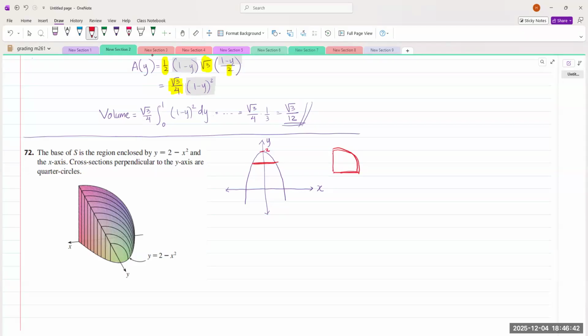Okay, I need to solve for x here. y equals 2 minus x squared means x squared equals 2 minus y. x is plus or minus square root of 2 minus y.